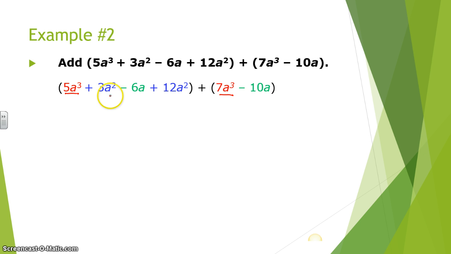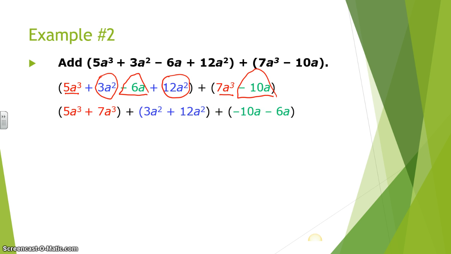The blue color is a squared, those like terms. The green is just a standing alone. I'll put a triangle around that. Notice I use different symbols as well to highlight like terms. So I first underlined a to the third, I circled a squared, and I put a triangle around just a by itself. So we found the like terms.